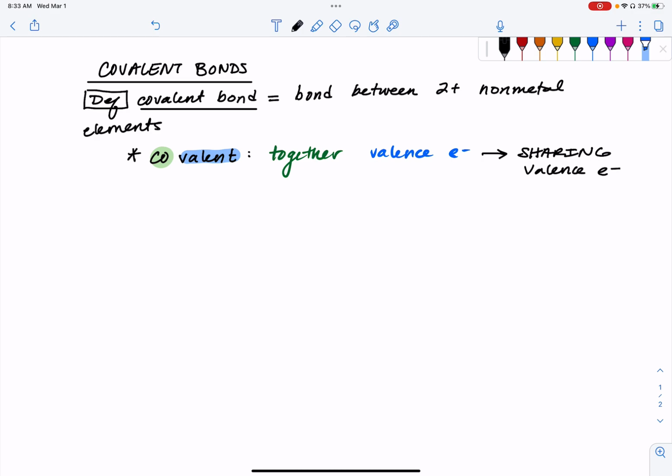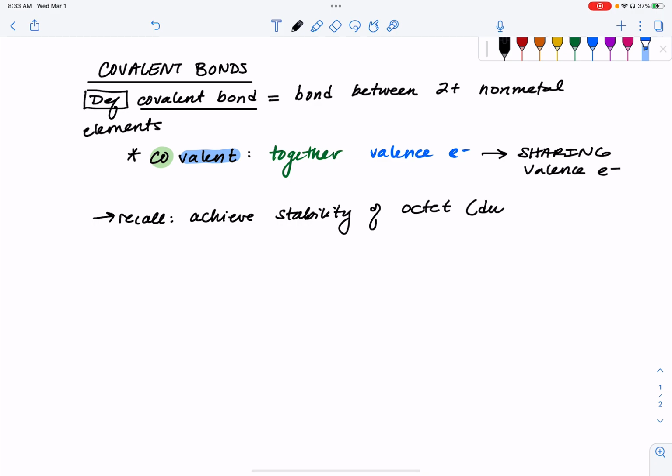Now, how would this work? Reminder, the reason why any atom does anything, meaning why it reacts or why it bonds to form a compound, is it tries to achieve the inherent stability of the octet rule or the duet rule, meaning we either want 8 electrons in our valence orbitals, or in the case of hydrogen and helium, 2 electrons in the valence orbitals.